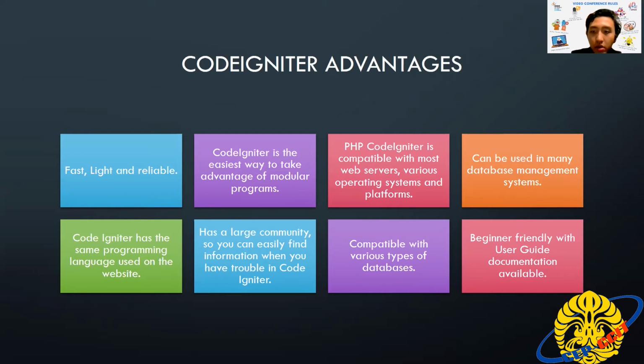It can also be used with many database management systems, and it uses the same programming language used on the website. CodeIgniter has a large community, so you can easily find information when you have trouble. It is also compatible with various types of databases and is beginner friendly, with user guide documentation available.